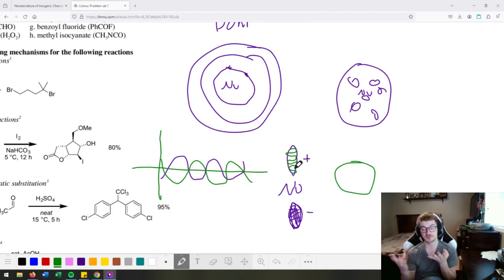You can also have partially filled orbitals, so an orbital with one electron interacting with another orbital with one electron. That can happen too, but that's not what we're going to get into today, because that stuff gets weird too. It's called radical chemistry, and it's complicated. Weird things can happen, and the mechanisms get very complicated.